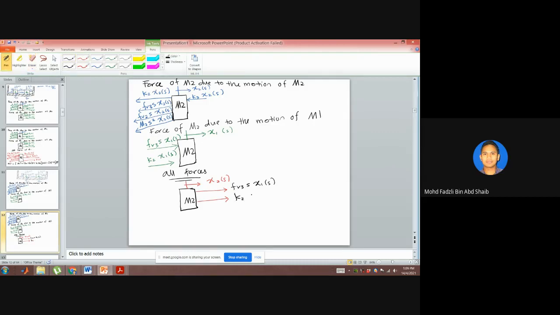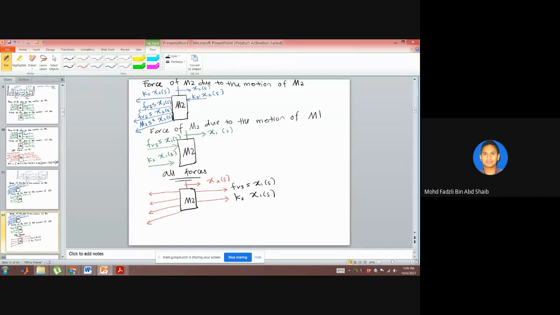K2 times X1 s, right? So this one we have 4 forces. What else? First, K3.